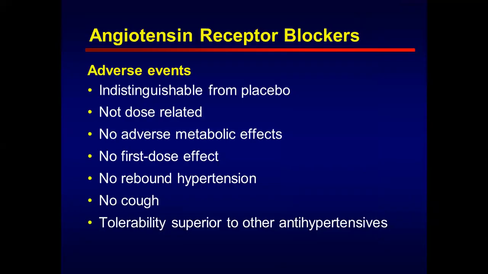So if you look at the ARBs, you find that on average the adverse events are indistinguishable from placebo, not dose related, no adverse metabolic effects, no first dose effect, no rebound hypertension, no cough, and they are tolerable, superior to other antihypertensive therapies.